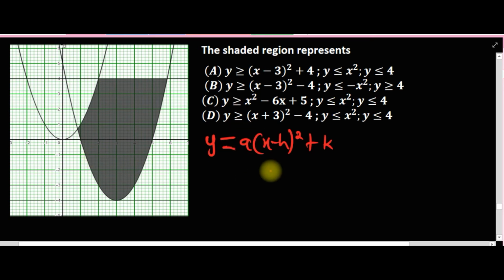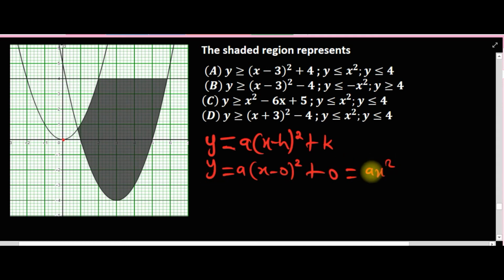So that's what I will use. I'm calculating the curve, I'm getting the first curve. So we know that this is y equals a(x minus 0) squared plus 0, because at the vertex both of them are 0, 0. So what I have here is ax squared.